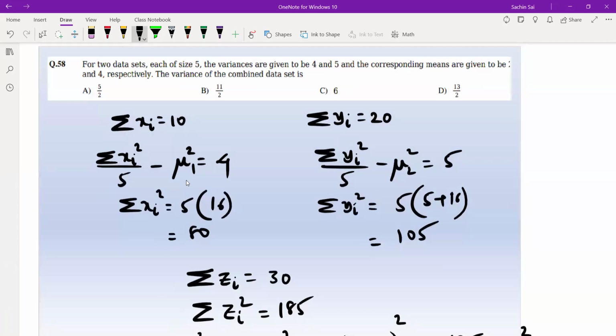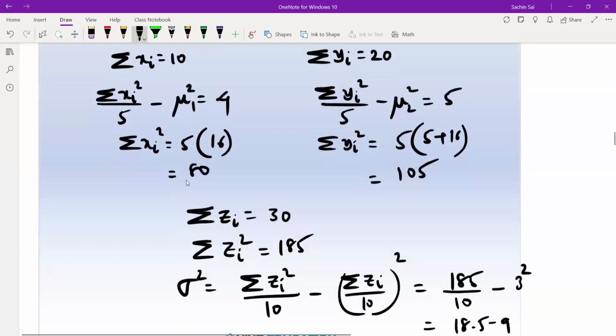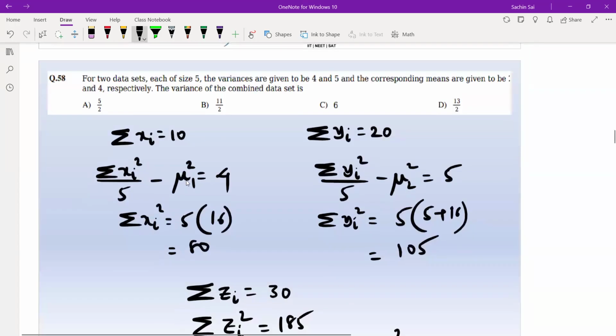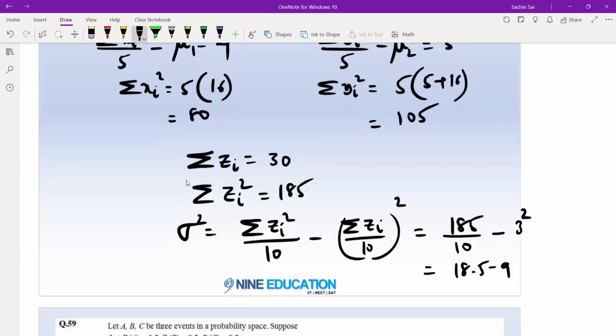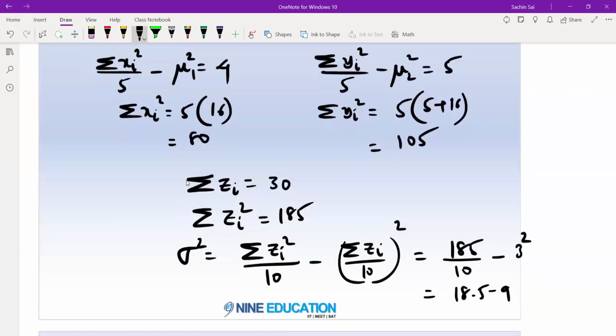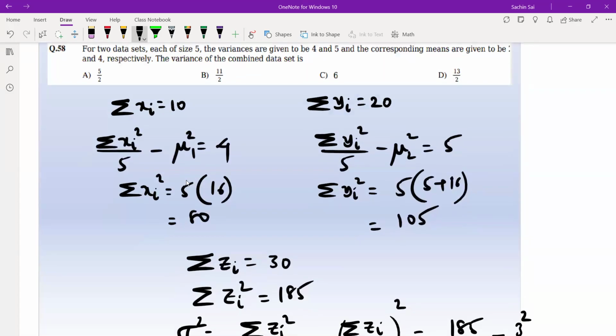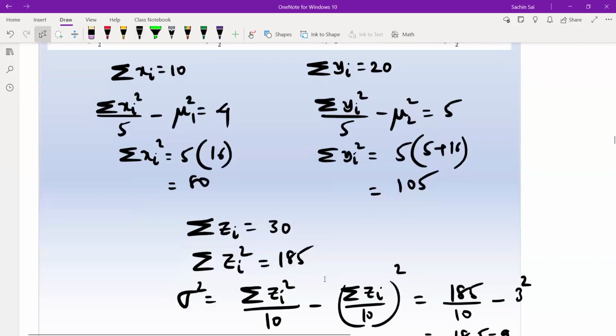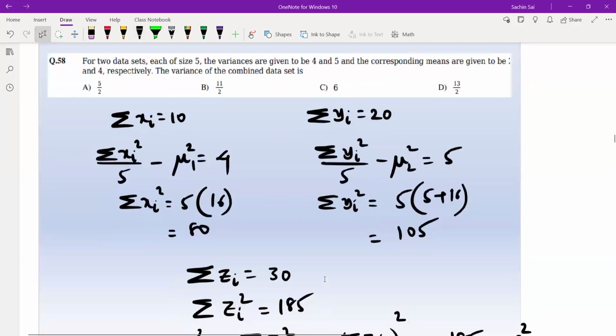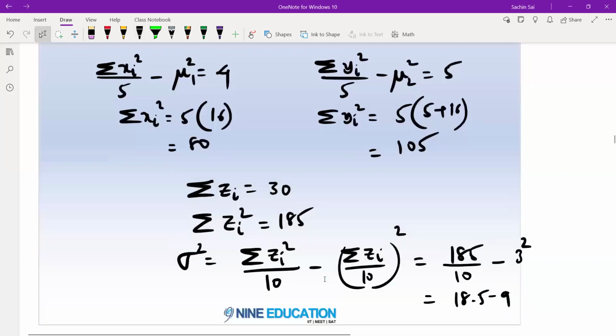Mu2 square is 16. Okay, we'll get back to this question because I'm getting the answer to be 9.5, but it doesn't seem to be one of the options. I'll get back to this question in a moment.